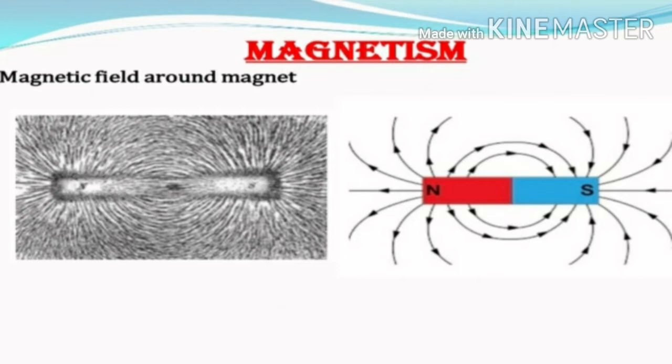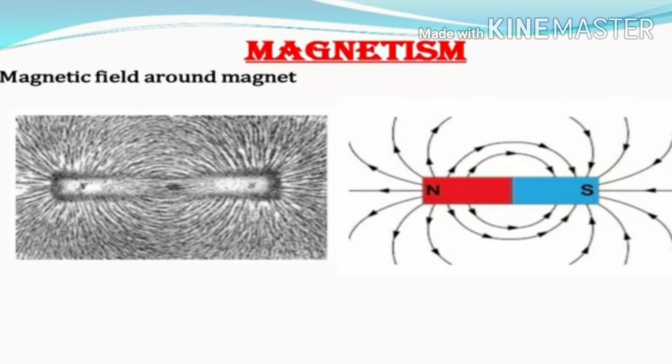This concept can be clarified by doing a simple experiment. Fix a sheet of white paper on a table and place a bar magnet at the center. Sprinkle some iron filings around the bar magnet. Gently tap the table.